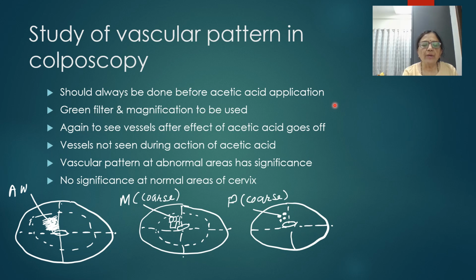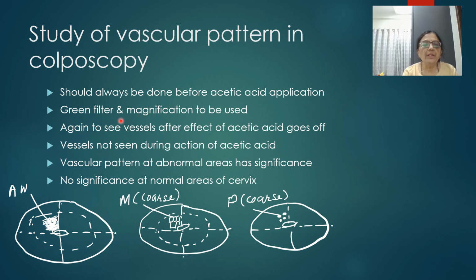Colposcopically, we look at the acetowhite area, we look at the cervix under magnification, we identify the squamocolumnar junction, we identify the original squamocolumnar junction, and we look at the transformation zone entirely. But what is very important, another advantage of colposcopy is that we can see the vascular pattern. This should always be done before application of acetic acid.